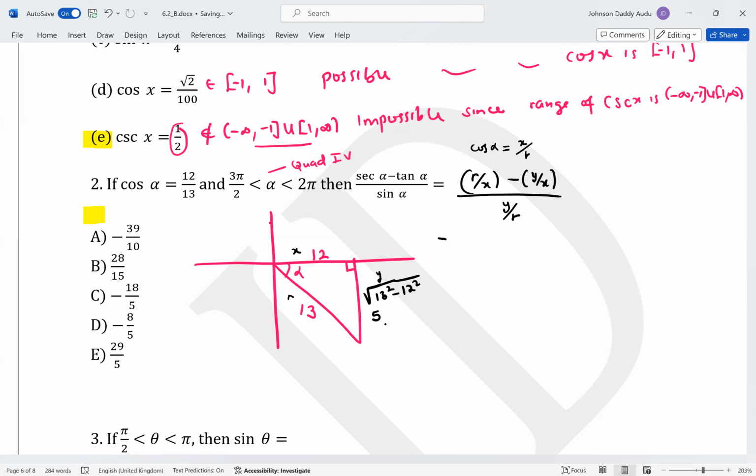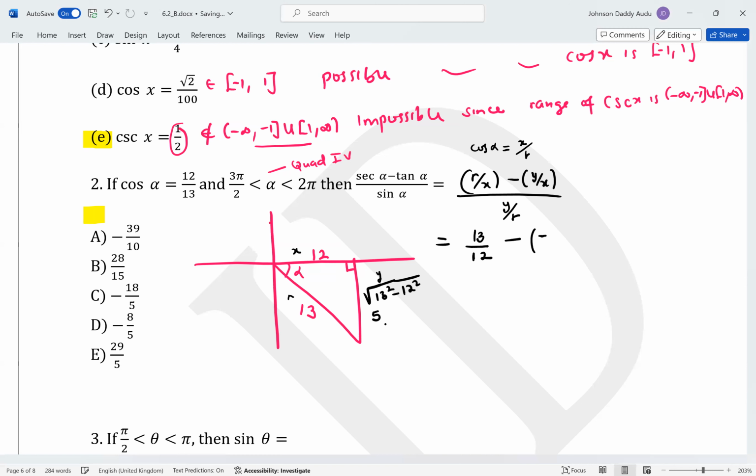If we make this substitution, we'll get r over x, which will be 13 over 12, minus y over x. But look at this, y now is negative, right?